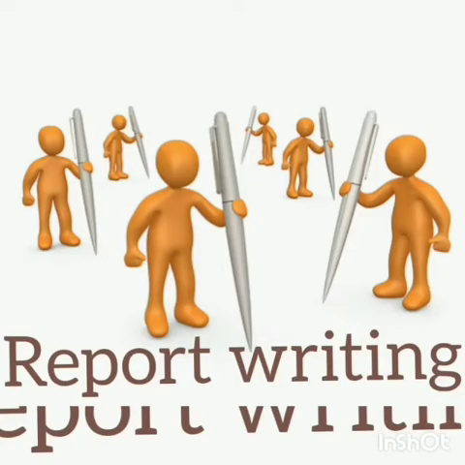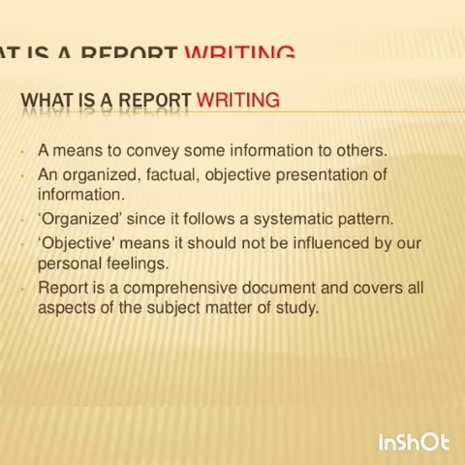Now let us learn report writing. So what is a report? A report is nothing but, if you want to convey some information, then you will be writing a report. How should a report be? It should be organized, factual, and objective. What is organized? That is, it should be ordered sequentially.